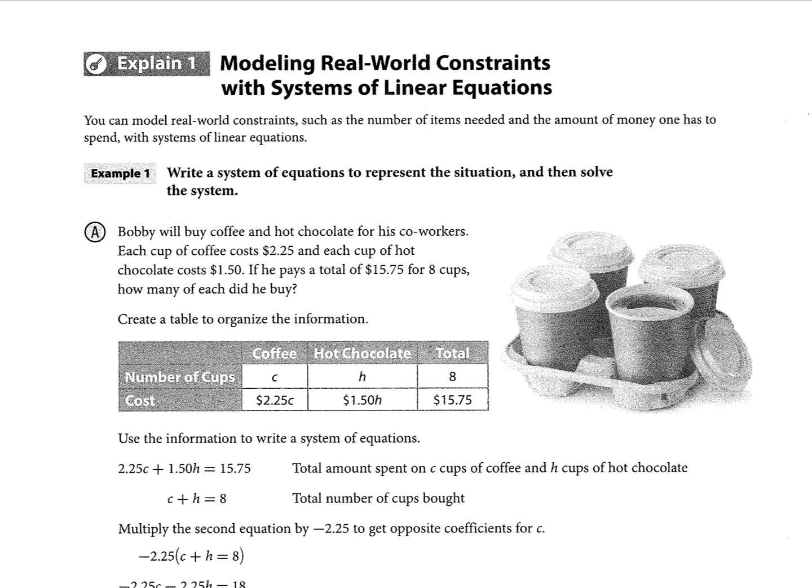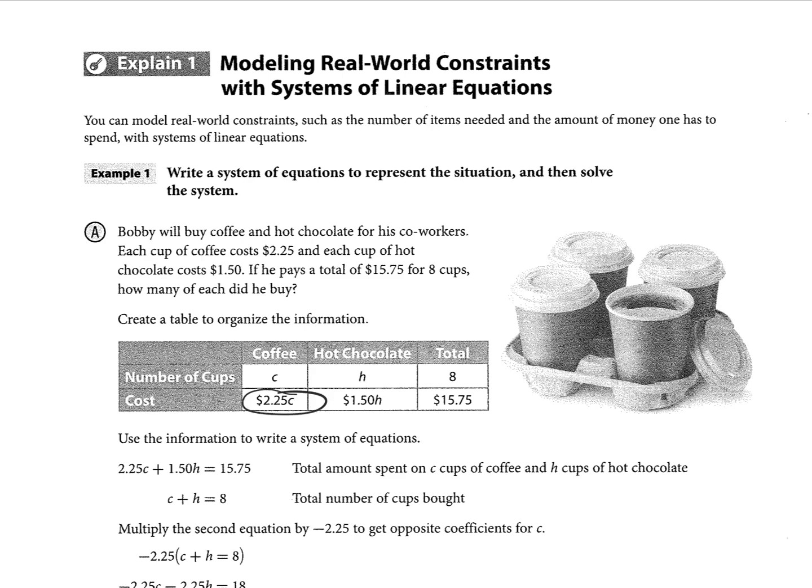Create a table to organize the information. You can see that they used C as the variable for coffee and H as the variable for hot chocolate. Altogether, they purchased 8 cups. Then we have a situation representing the cost. So the cups of coffee was $2.25.